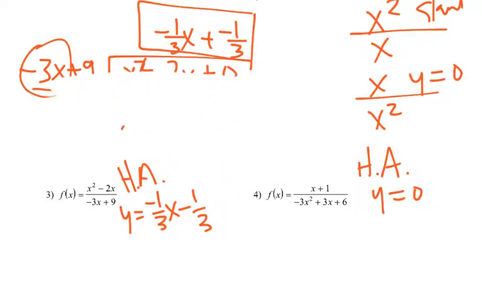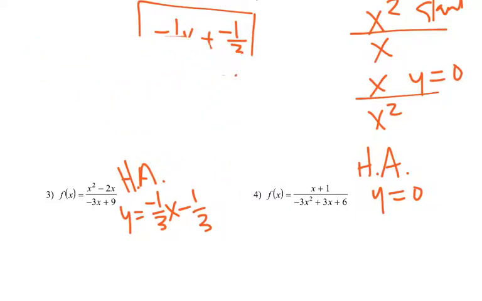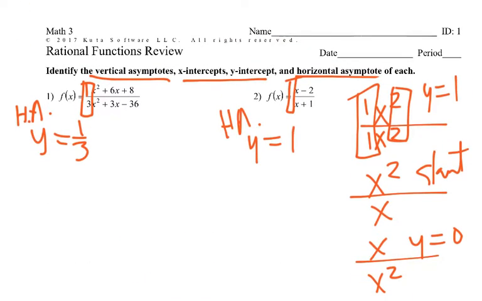Okay, so that's horizontal asymptotes. Now, to get vertical asymptotes, we need to simplify as much as possible. And then we take the denominator, once we've simplified, and use that to find our vertical asymptotes.